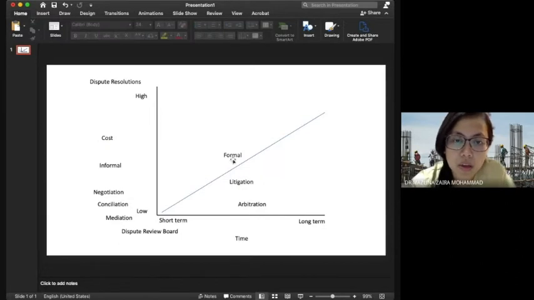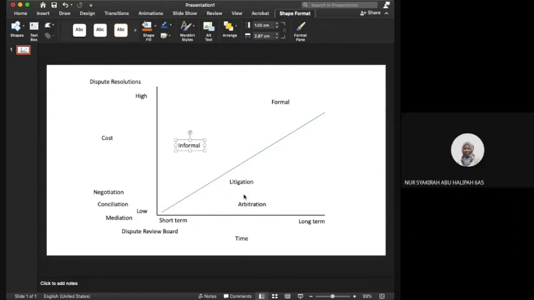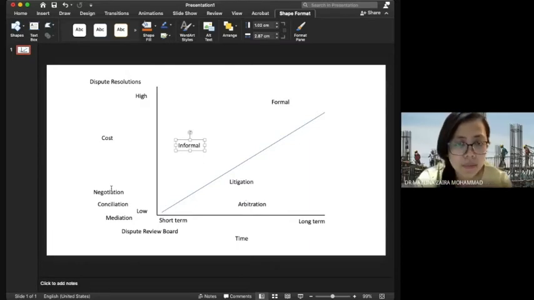Now, if you want to indicate this kind of dispute resolution, how do you locate the formal and informal practice? In which part? Which one is the most practiced on site?